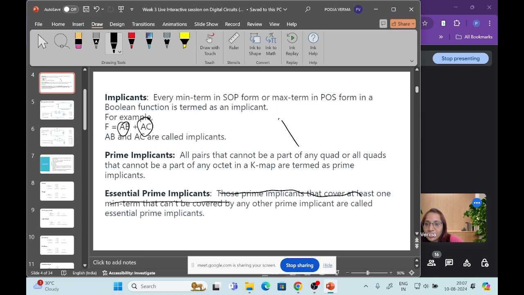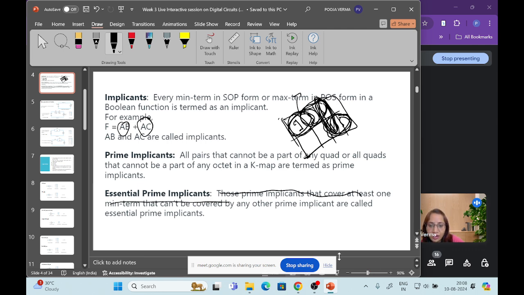This AB and AC are implicants, and prime implicants you can check by making any pair or group. Okay, see, these are the prime implicants. And if you go to the essential prime implicants, it is the maximum pair you can make. There are multiple possibilities to make a group. For example, for this one with this one with this one, right? So these are the prime implicants, right? And if you make it with this one and this one, these are the essential prime implicants.